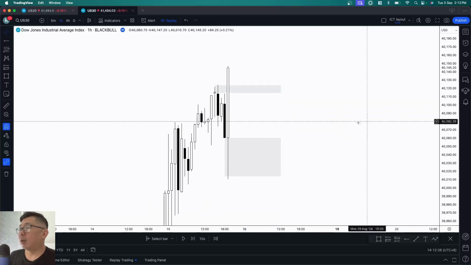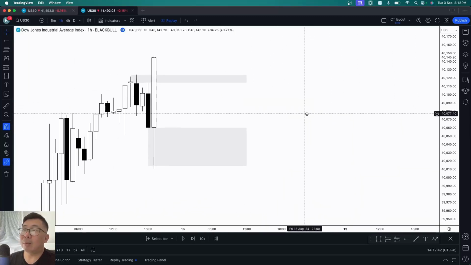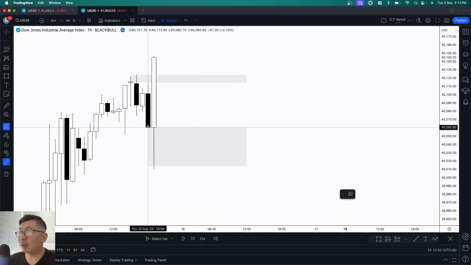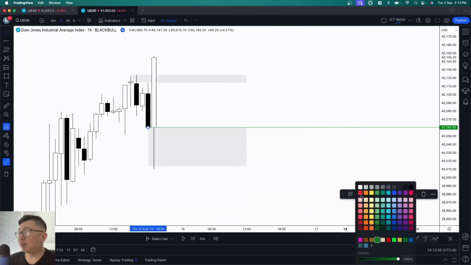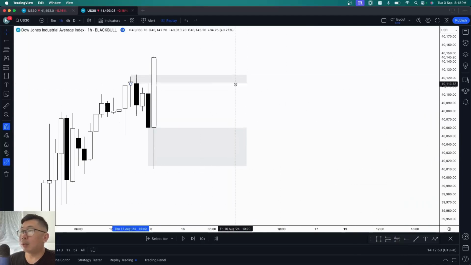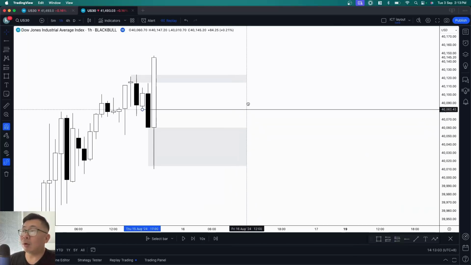Now everybody has a different way, style, or opinion about drawing support and resistance. Some people like to draw their support and resistance as a line like so. Some people like to draw the line on the body or on the wicks.